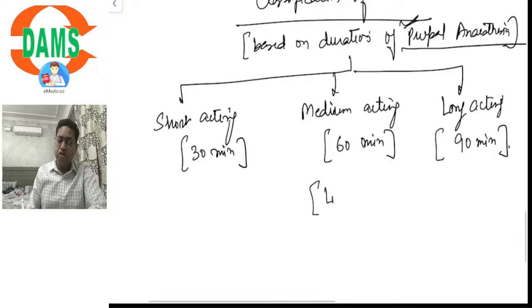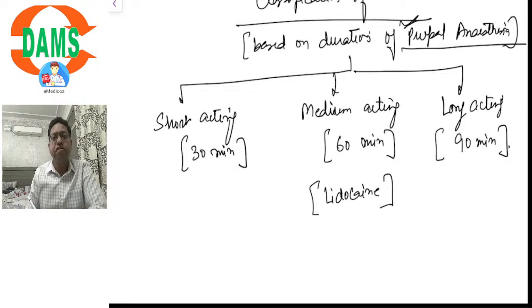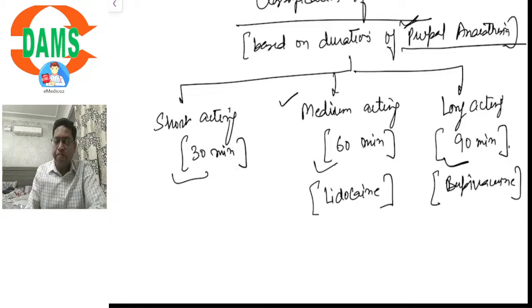Medium acting, the most common one that we use is lidocaine or xylocaine. Long acting ones, they are bupivacaine. Common examples, there are other groups also, but these are the common examples based upon the duration of pulpal anesthesia. So the recommended ones are the medium and the long acting ones.